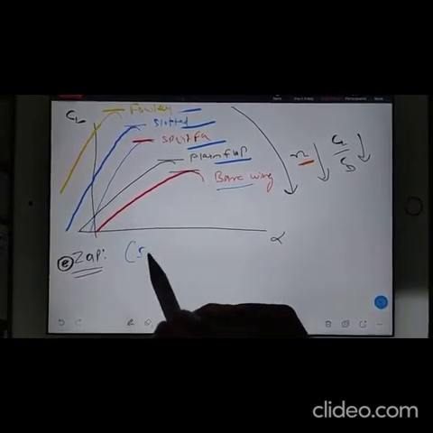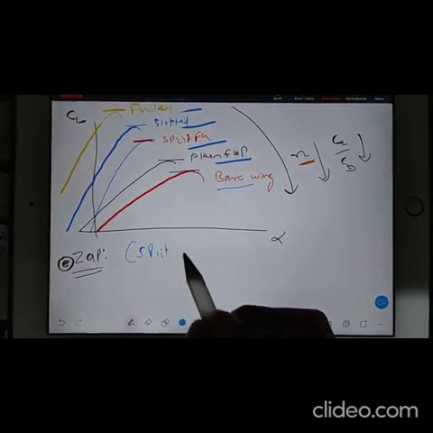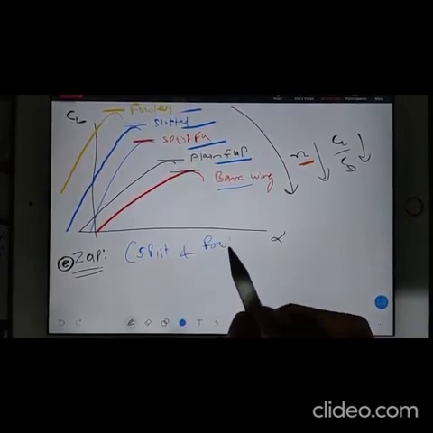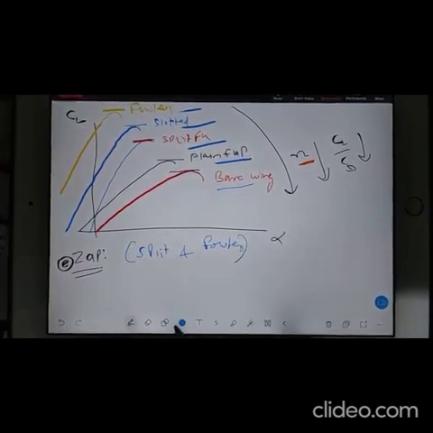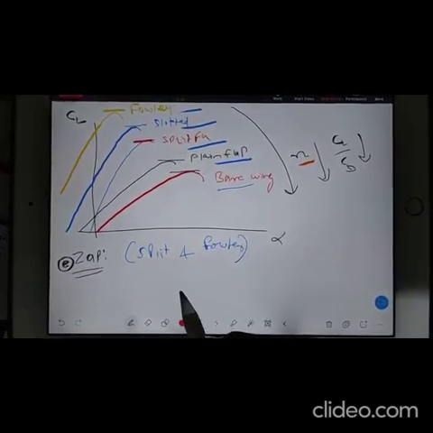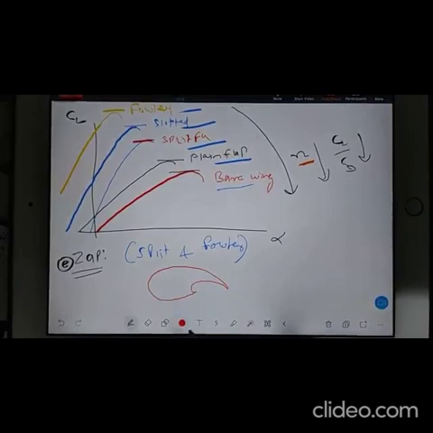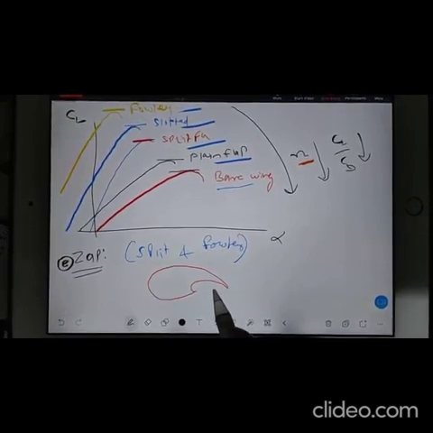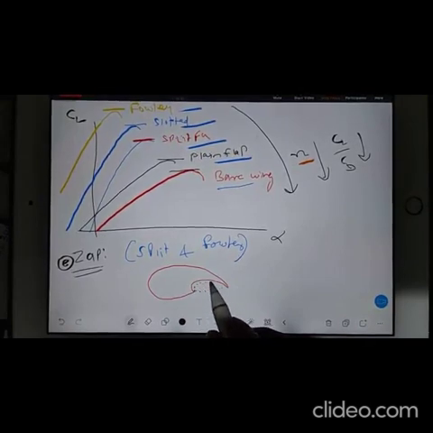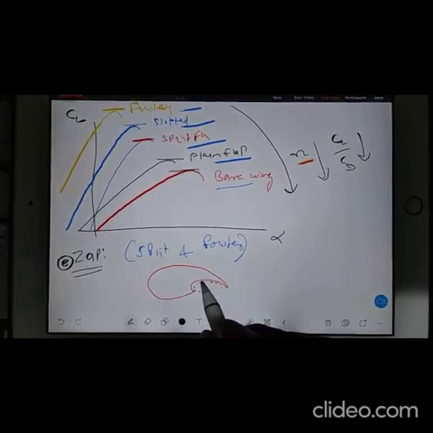It is nothing but the combination of split and fowler. Means first it will be here, in the beginning it will be here, but it will split from this location.